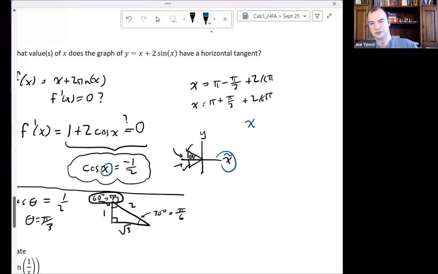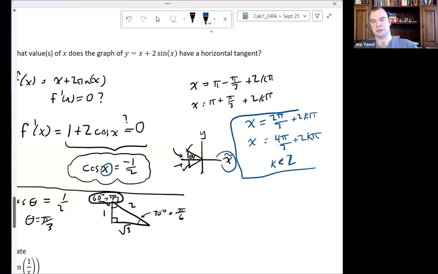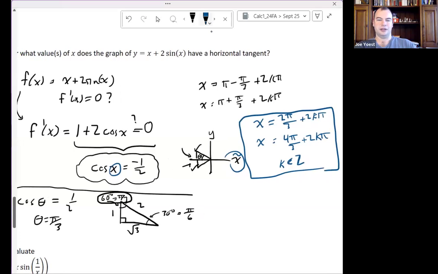So I end up with two solutions. Pi minus pi over 3 is 2 pi over 3 plus 2k pi, or 4 pi over 3 plus 2k pi, where k is an integer. So these are all the values of x for which my graph of this function has a horizontal tangent.